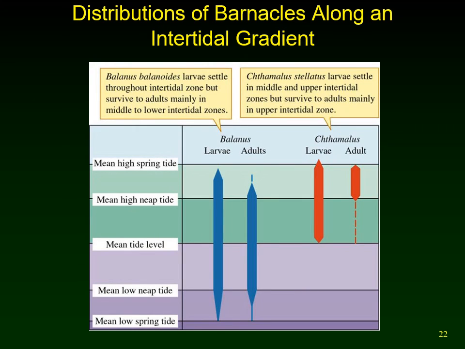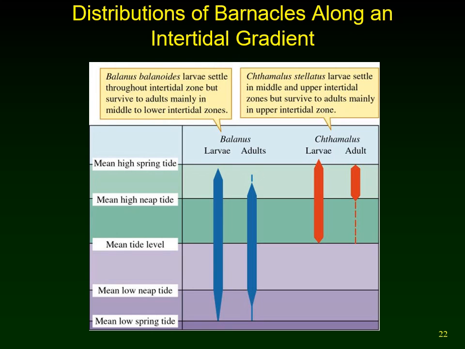One of the things you have to check is whether maybe the Balanus can't even get up where the Chthamalus are, and are just restricted to that lower intertidal zone. But this is looking at the larvae of the Balanus, the little baby ones, which can get up to the highest levels. When they reproduce, they spew their larvae out into the water, and they can get to all zones.